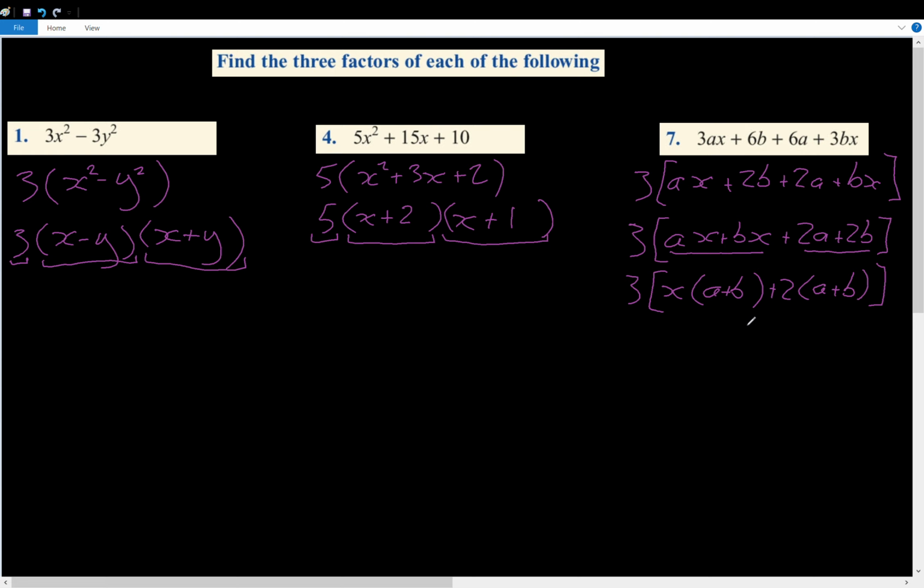But now you can see that the 2 terms inside of our big square brackets have got a common factor, and that's a plus b. So we're going to have 3 times a plus b multiplied by x plus 2. And then once again, the 3 factors being referred to in the question are 3, a plus b, and x plus 2. And that is that.